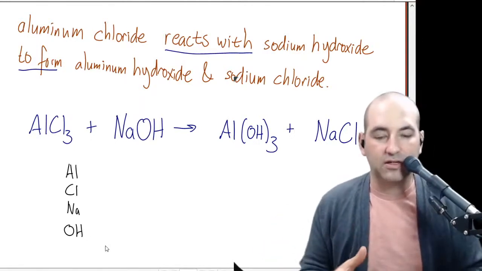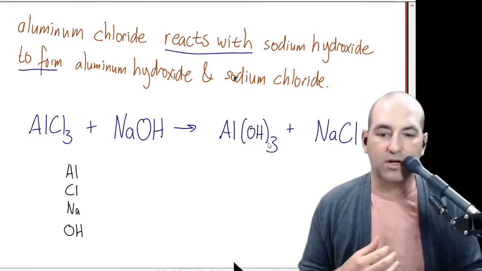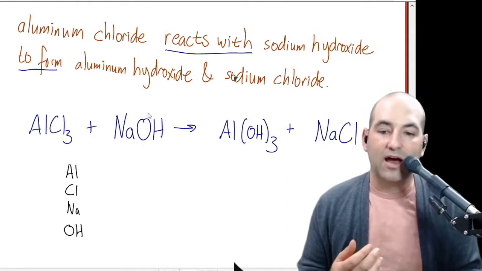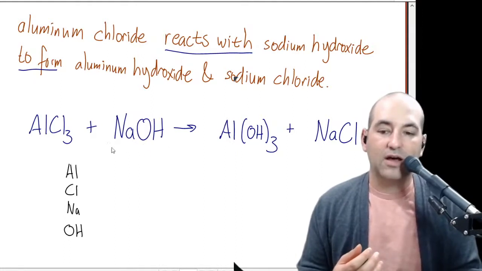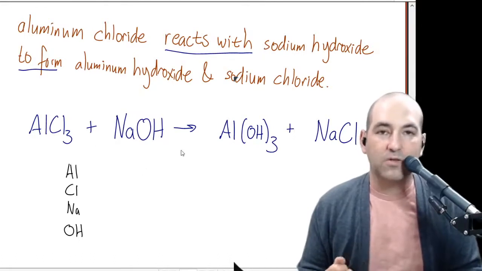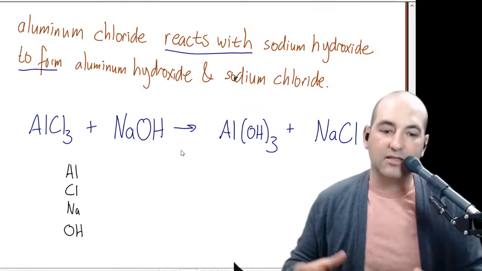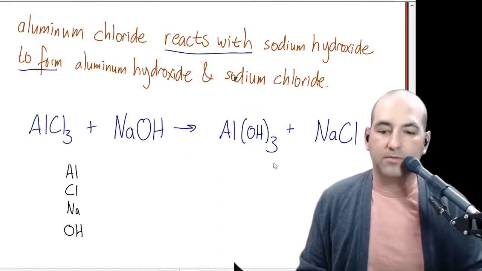Now, in this particular example, either way is going to be fine because the OH are always together. But let's say you had hydroxide ions over here and you had like nitrate ions over here. Both of those have oxygen in it. So that could get a little bit tricky. But if you think of them as hydroxide ions and nitrate ions and keep them together, that might be helpful.